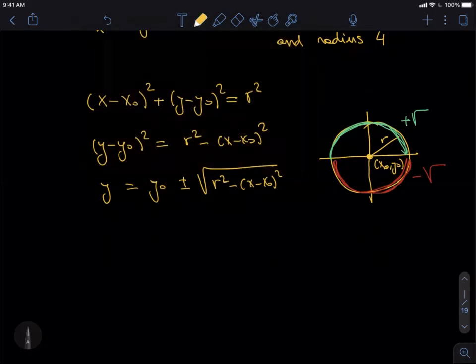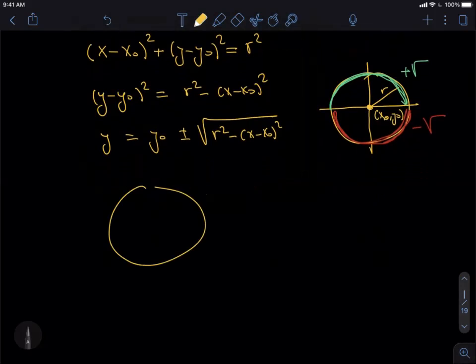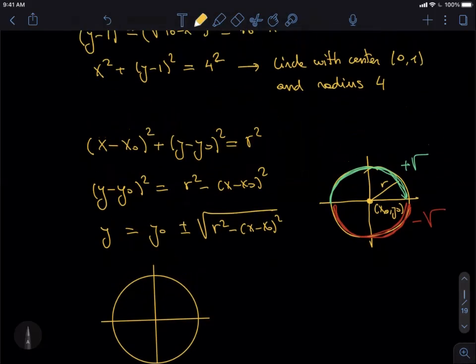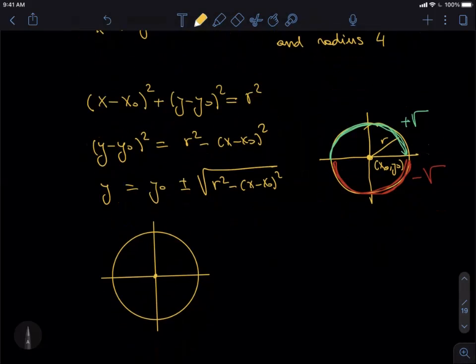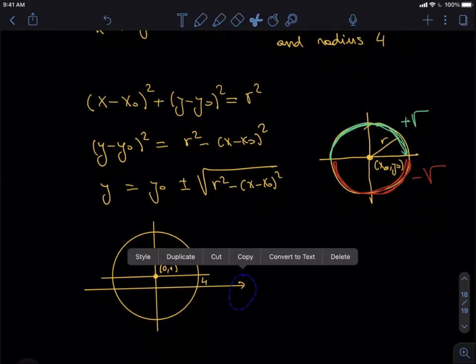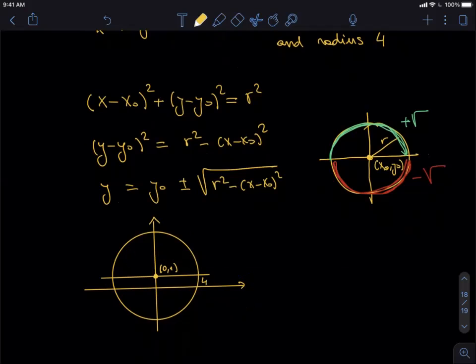So what do we do with this? Well, once we know that, we can draw the circle. According to the template, the center is (0, 1) and the radius is 4. So that means the x-axis is going to be somewhere here, 1 unit down, and then this is going to be the y-axis.